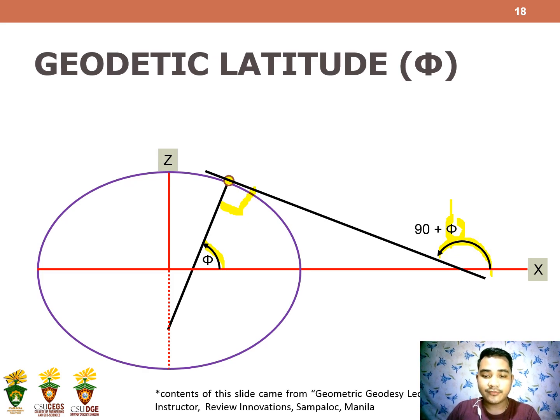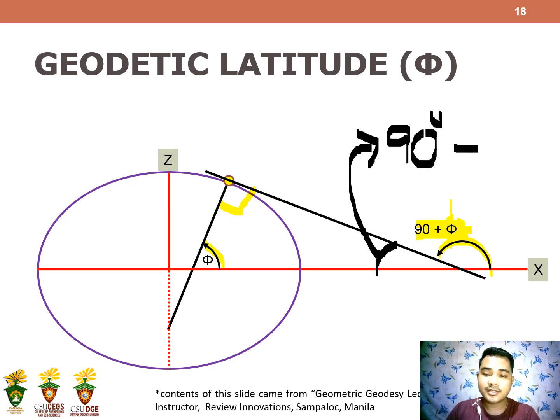So the value of the external angle is 90 plus geodetic latitude. And if we have here the value of 90 plus geodetic latitude, so the value of this one would be pila man? So that is 90 degrees minus geodetic latitude, right?